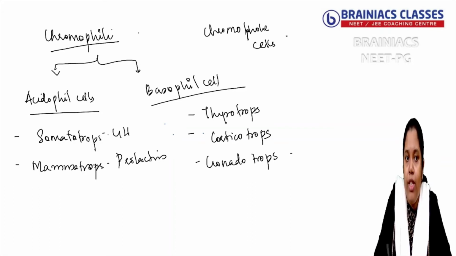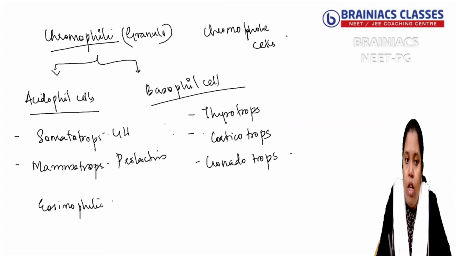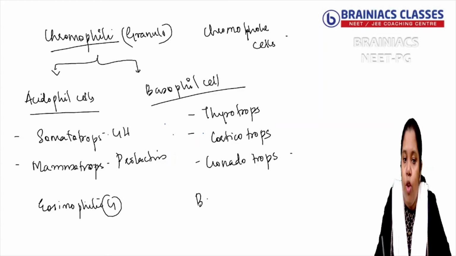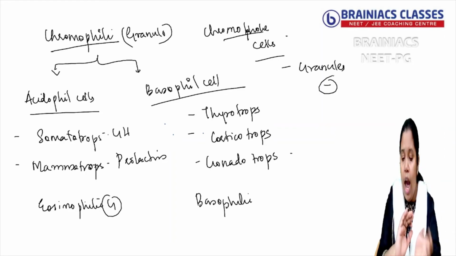The chromophil cells have granules. In acidophils they have eosinophilic granules, and in basophil cells they have basophilic granules. But the chromophobe cells, the granules are absent. Understand? So this is the anterior pituitary.